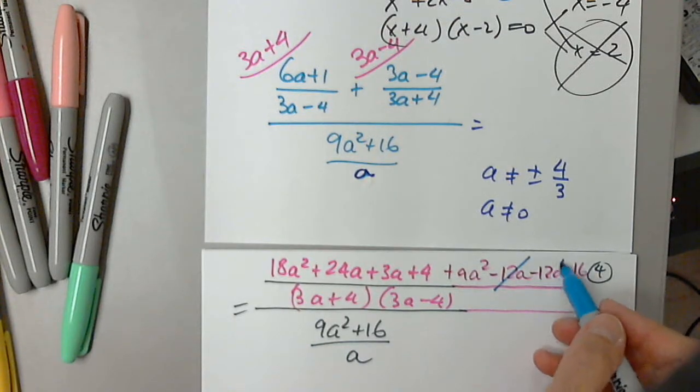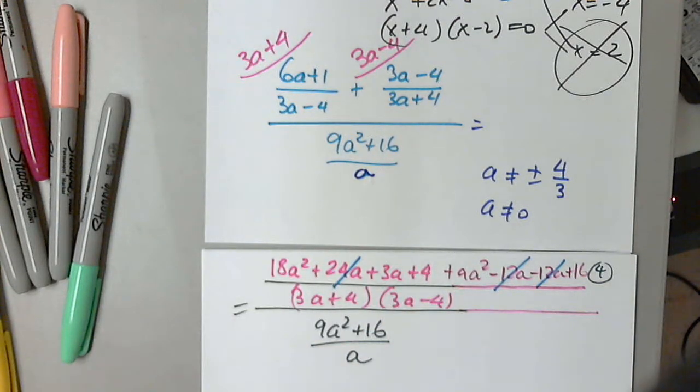Yes, okay, the 12a with the 24a, at least that. And then we have 27a squared plus 3a plus 20 over 3a plus 4 times 3a minus 4, and times a over 9a squared plus 16.